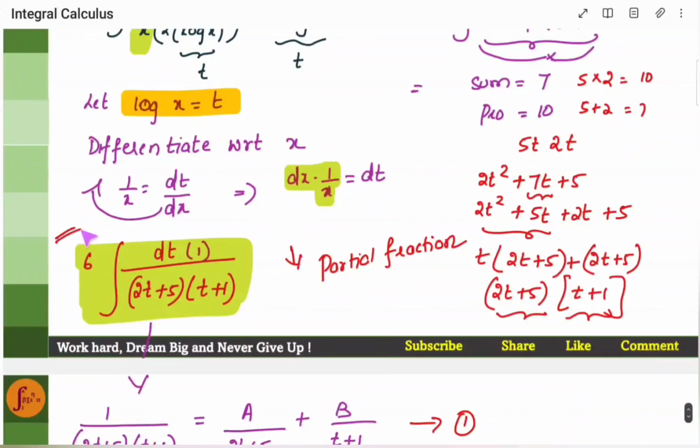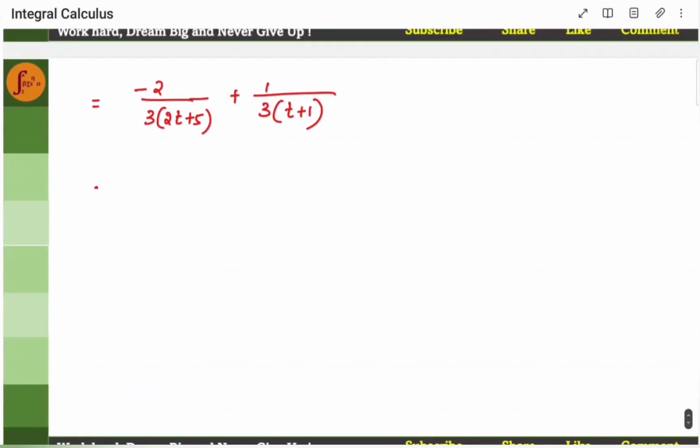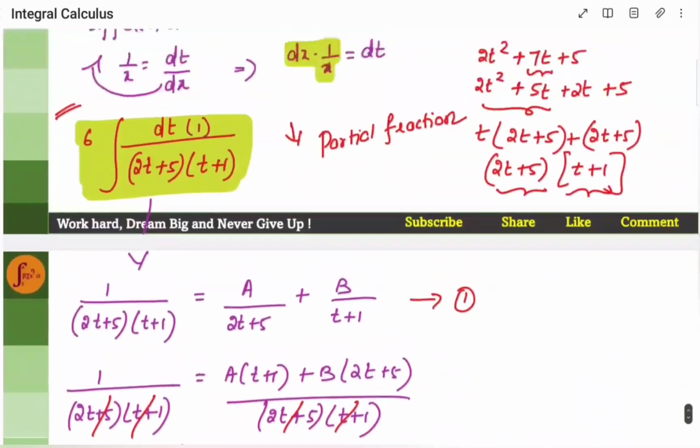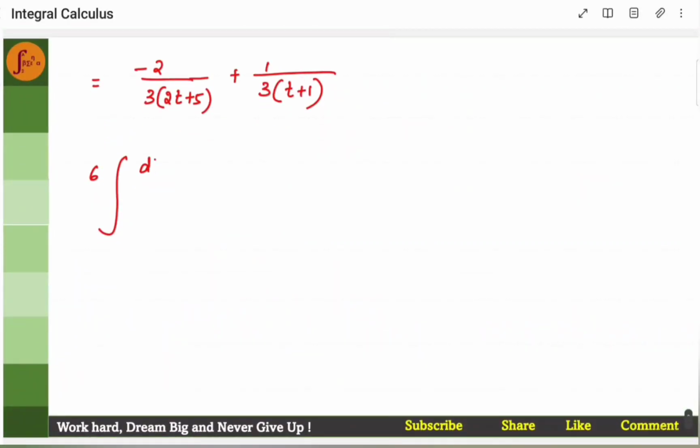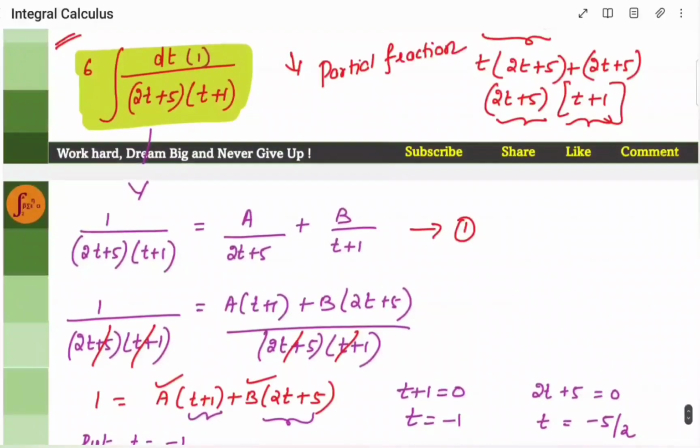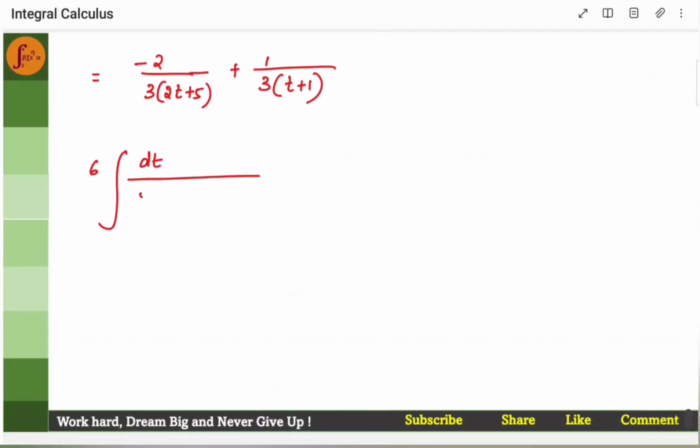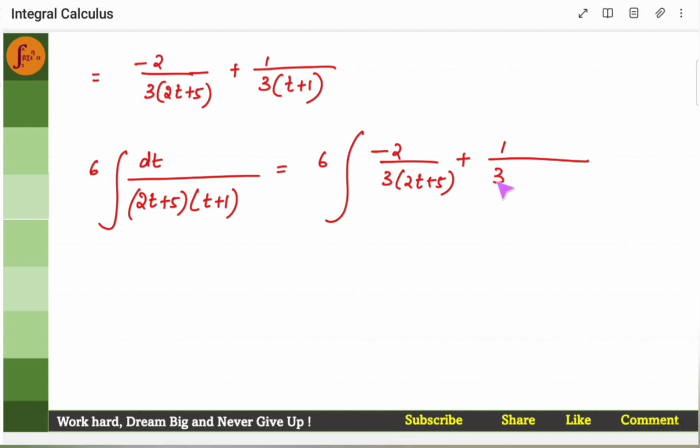This is the main integral function, right? 6 integral of dt by (2t + 5) into (t + 1). Now we can write this as 6 integral of minus 2 by 3, we'll copy this partial fraction, plus 1 by 3 into (t + 1), into dt.